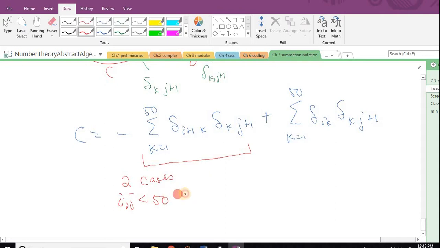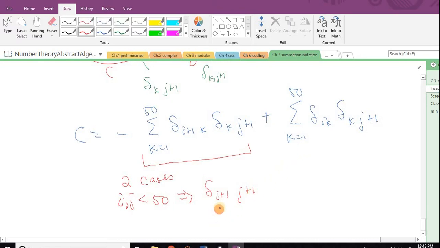In that case, you'll have delta I plus 1 times delta j, then you'll have delta I plus 1 j plus 1.